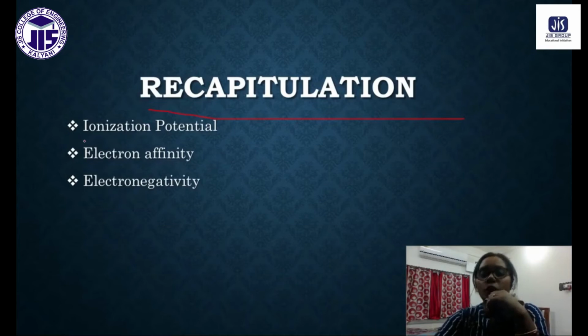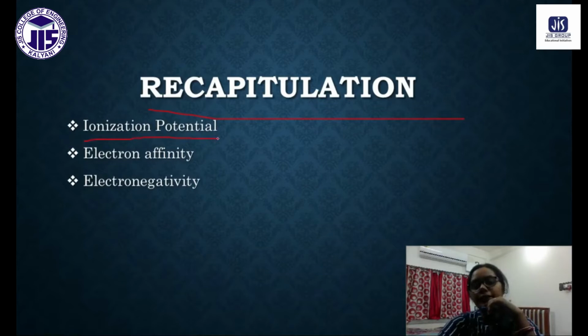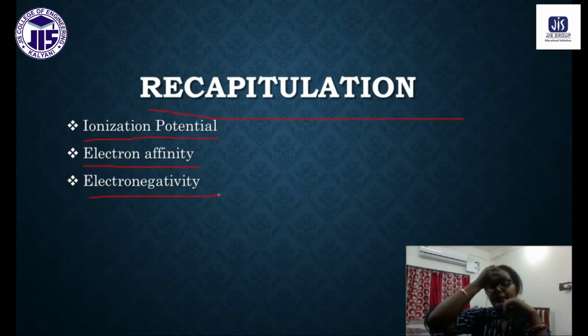Now these are the topics from our previous class: we have discussed ionization potential, electron affinity and also electronegativity.